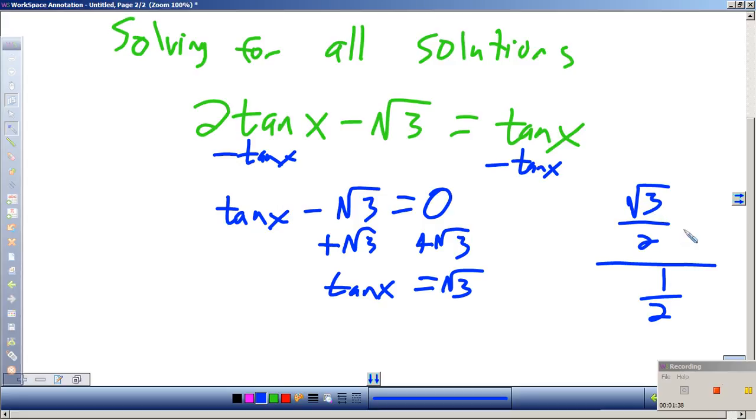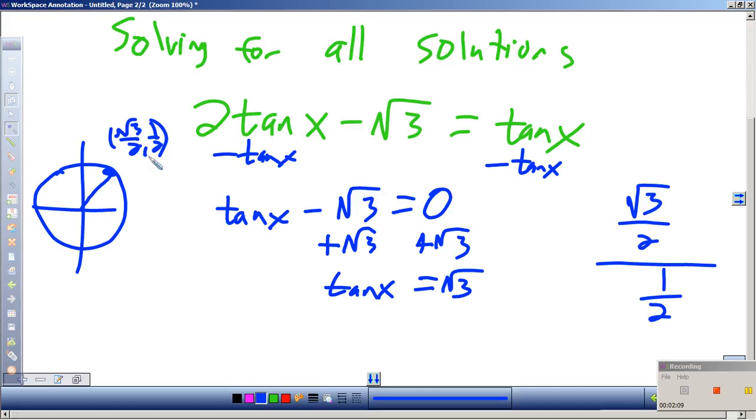So pi over 6, what's y? Y is 1/2. So this isn't pi over 6, which angle would it be? So we're looking at the angle in here where the point was root 3 over 2 comma 1/2. Right? Do you understand that?